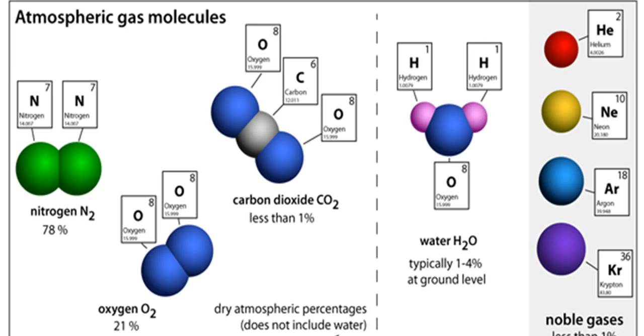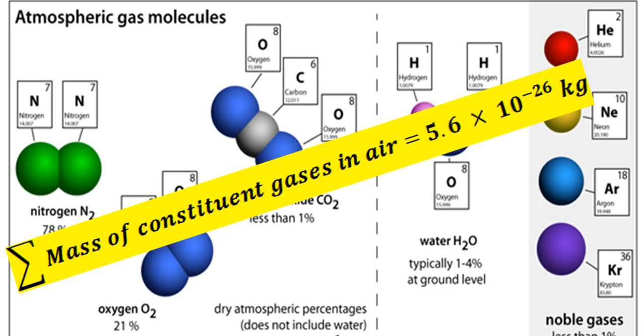So if we take a look at the molecular or the microscopic level, we will find that nitrogen comprises 78%, oxygen 21%, carbon dioxide less than 1%, and H2O, helium, neon, argon are just at minute levels. It was found experimentally that the mass of the constituent gases in air is 5.6 × 10^-26 kg, which is very less.